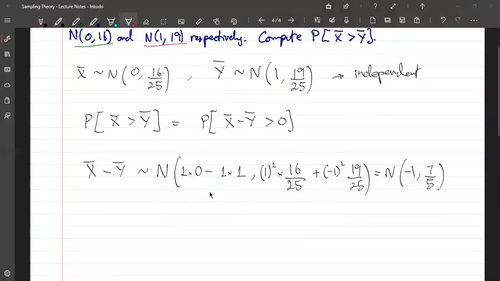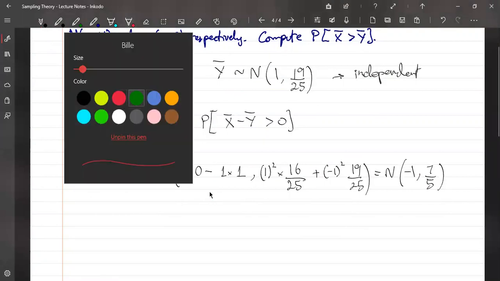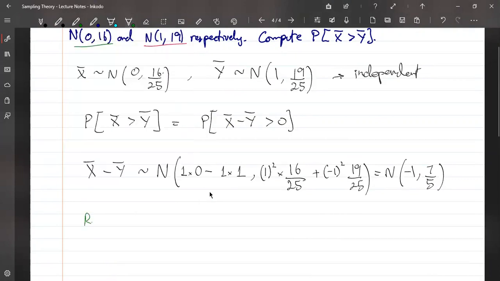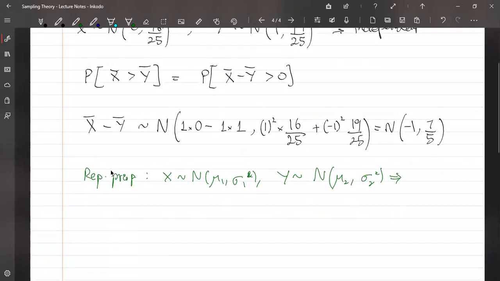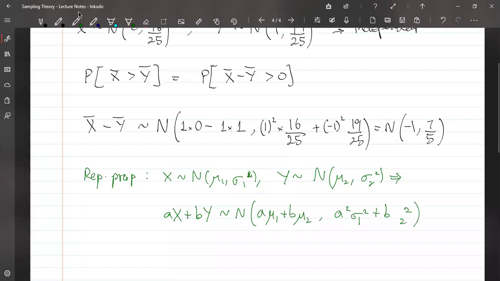So recall, we have the reproductive property, which says that if X follows N(mu 1, sigma 1 square) and Y follows N(mu 2, sigma 2 square), then aX plus bY, where a and b are constants, follows N(a mu 1 plus b mu 2, a square sigma 1 square plus b square sigma 2 square).